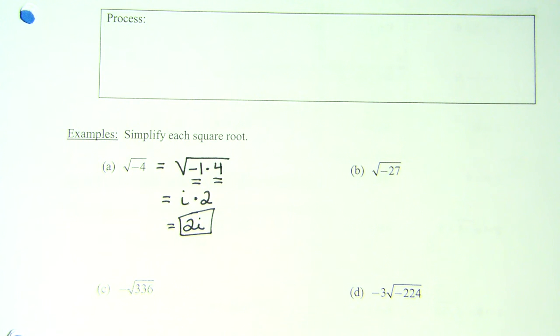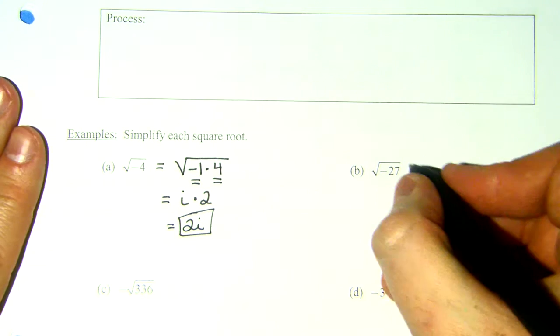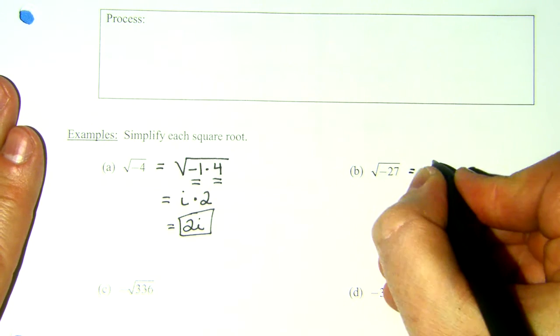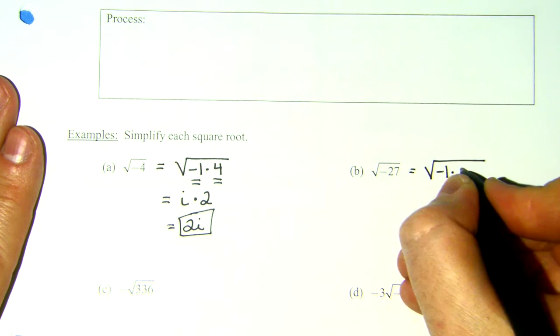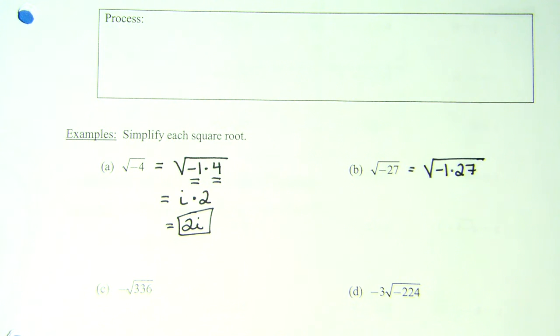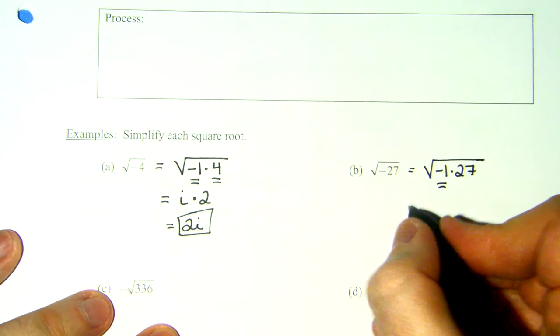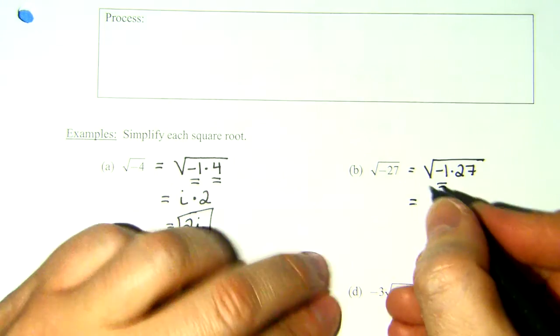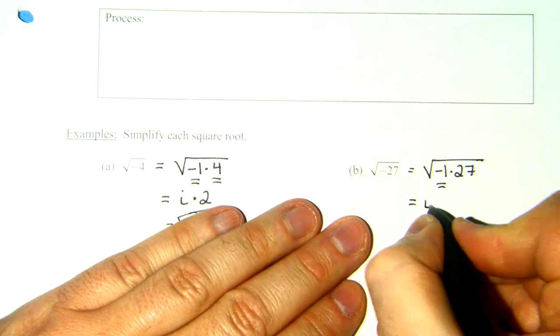Let me show you another. Letter B, the square root of negative 27. I'm going to start by saying this is the square root of negative 1 times 27. And what is the square root of negative 1? I really hope you just told me it's i. That's how we're defining i, to be the square root of negative 1.